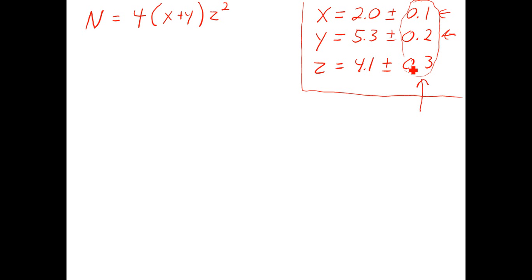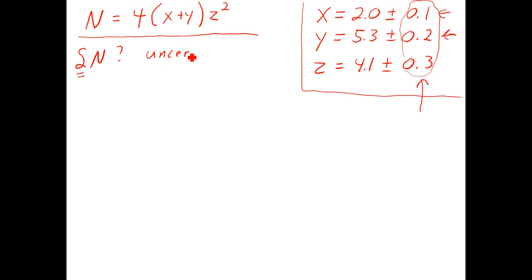Now, having said that, suppose again we have this relationship over here, and I've totally made this up, but it's telling you that this new quantity n is equal to 4 times x plus y all multiplied by z squared. And the challenge becomes, what's the uncertainty in n? That's what I mean by this squiggle.